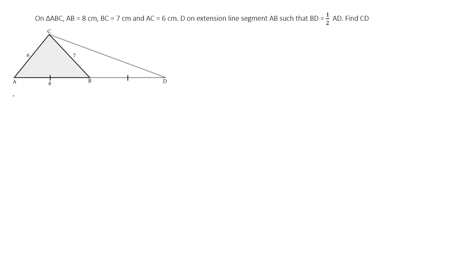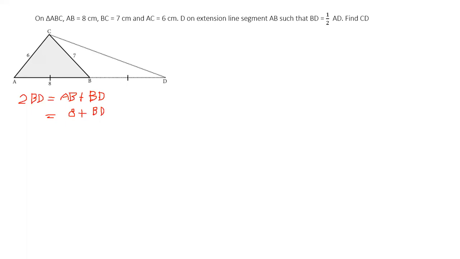So 2BD equals AB plus BD, and AB equals 8, so 8 plus BD.